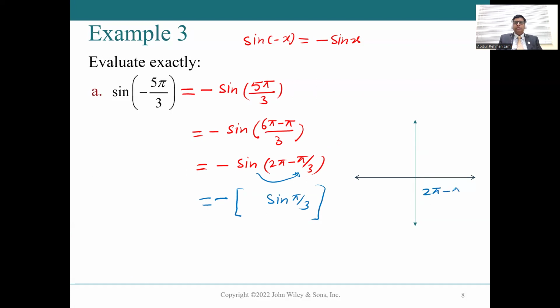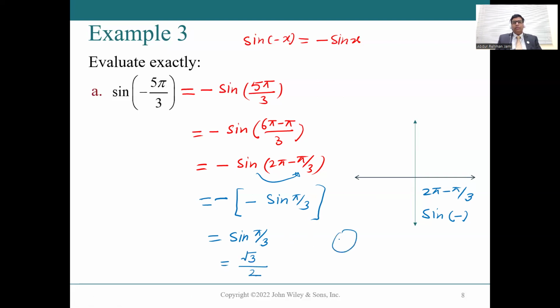And sine in this quadrant has what sign? Negative or positive? Yes, negative. Okay, very good. So put the negative sign over there. So finally, we get sine pi over 3. And from the table, you can see pi over 3 means 60 degrees. And sine pi over 3 gives us radical 3 over 2.